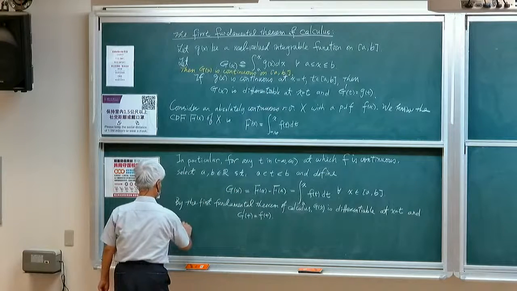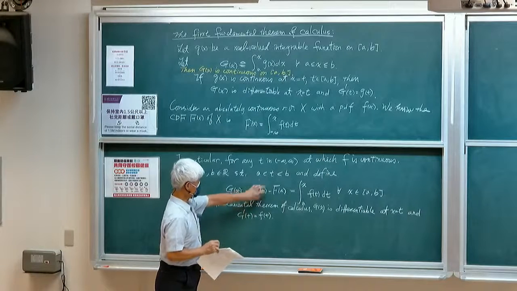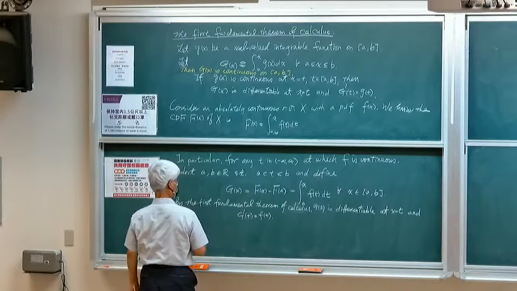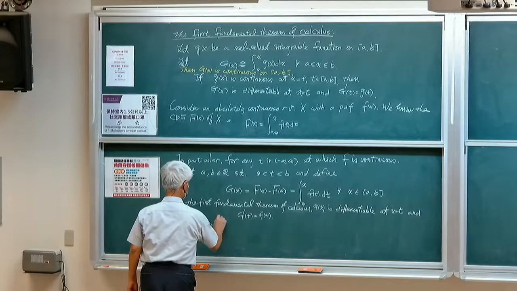But we know G of x is F of x minus a constant. But G prime t is equal to F prime t.